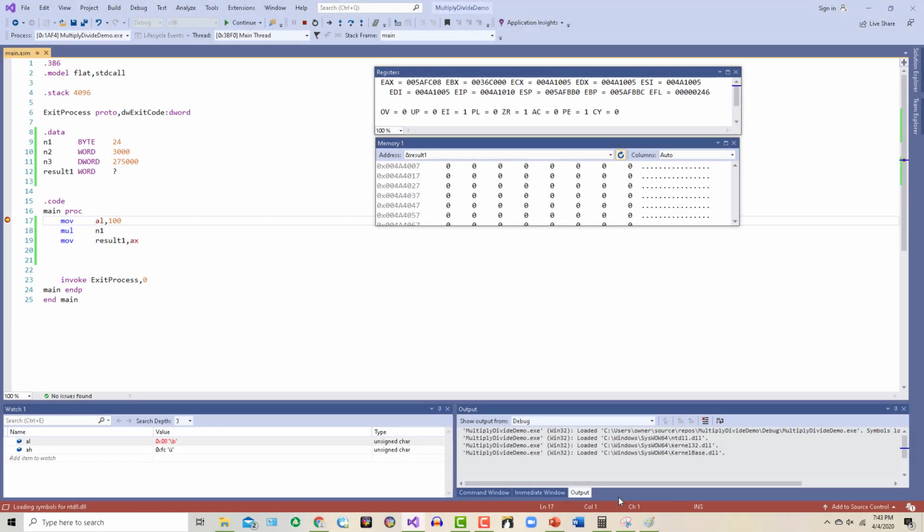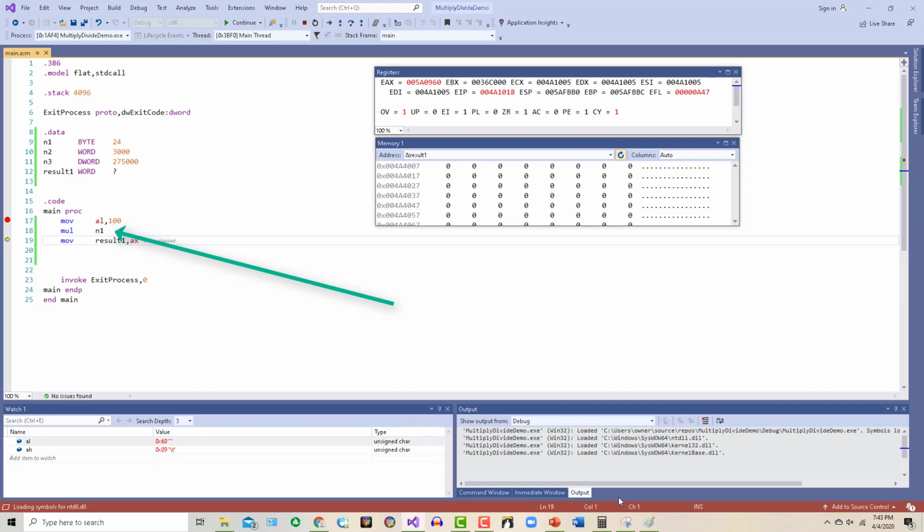Here's a better way. First of all, since we declared the result variable as a word, let's just assume the result of a true 8-bit multiply will always take up 16 bits and use the AX register to store the answer, like this. We're multiplying 100 times 24. Both of those are defined as 8-bit values.